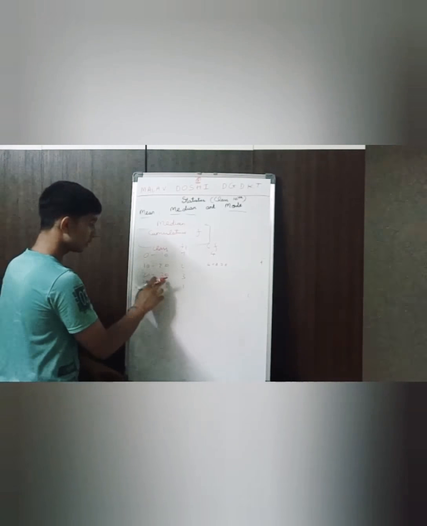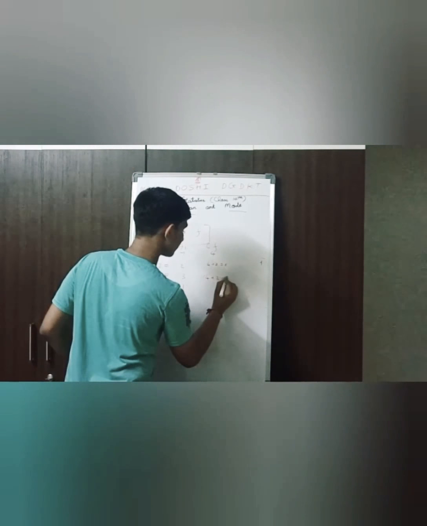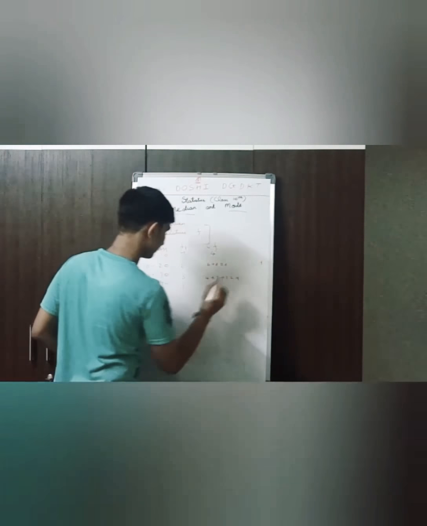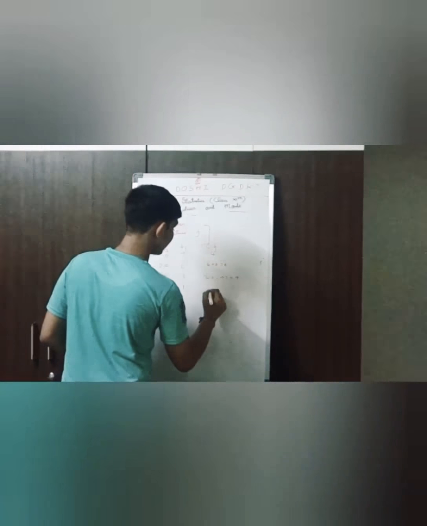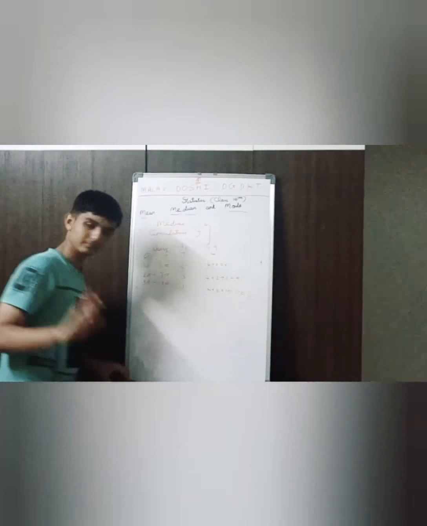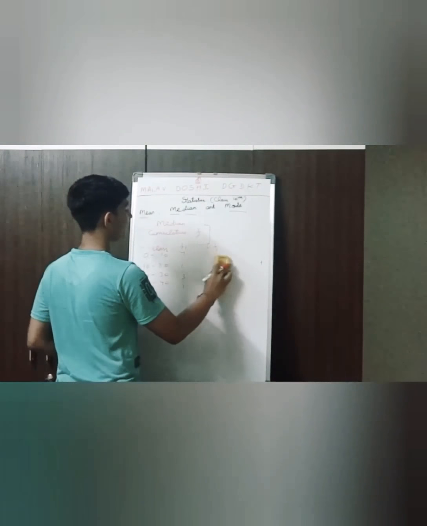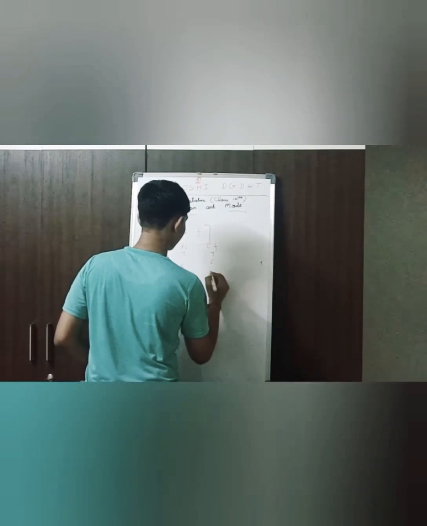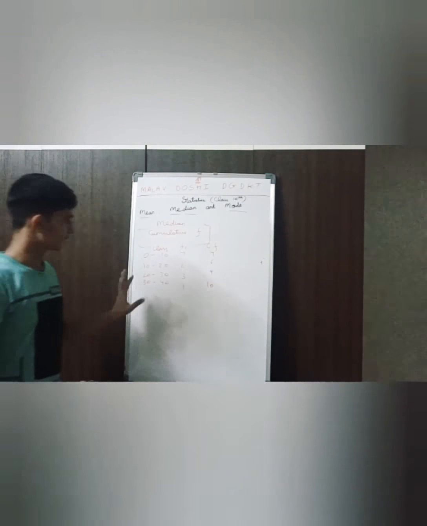Similarly, between 0 to 30, 4 plus 2 plus 3 is equal to 9. For the last, 0 to 40, 4 plus 2 plus 3 plus 1 is equal to 10. So this concept you have to keep in mind. Let me write it: 4, 6, 9 and 10.